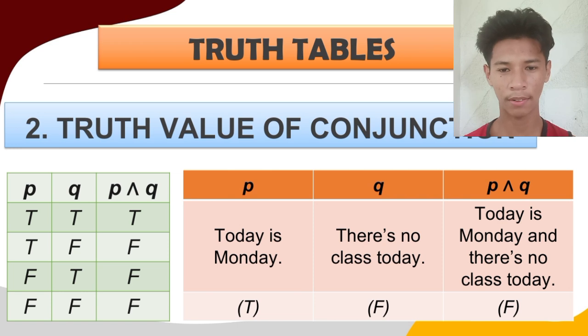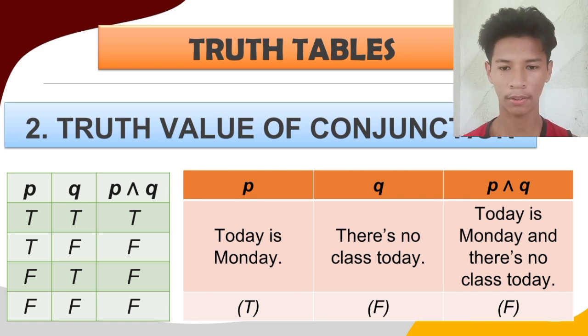False kasi may klase tayo ngayon. Pag pinagsama natin yung first and second statement, today is Monday and there's no class today. Yung first statement natin is true and yung second statement is false. So, yung whole conjunction natin is false based dun sa table.